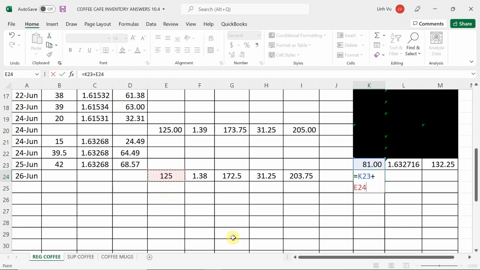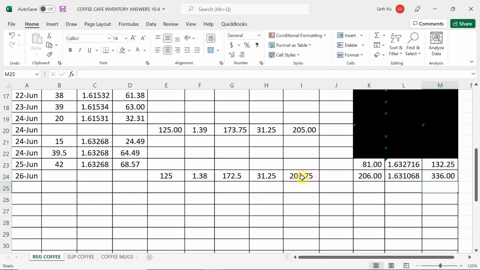Okay, so I have 81 pounds remaining plus 125, giving us 206, at a total of $336 even, bringing my average cost per item to be 1.631068.